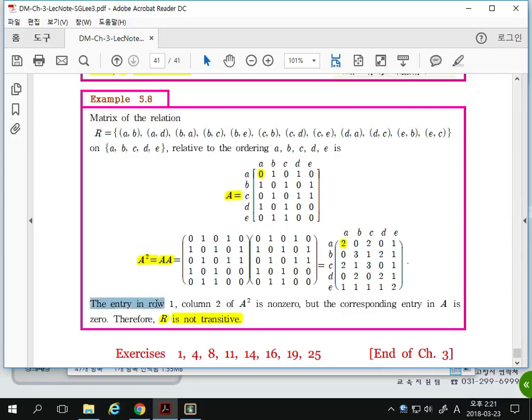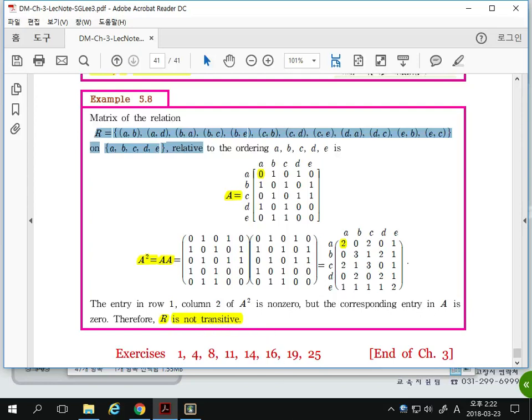Then the entry of row 1 and column 2 of A square is non-zero, but the corresponding entry in A is not. Here the 1, 1 entry of A square is 2, which is non-zero, but the 1, 1 entry of the matrix A is 0. So this relation is not transitive.